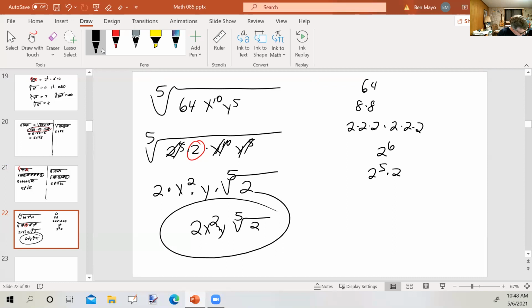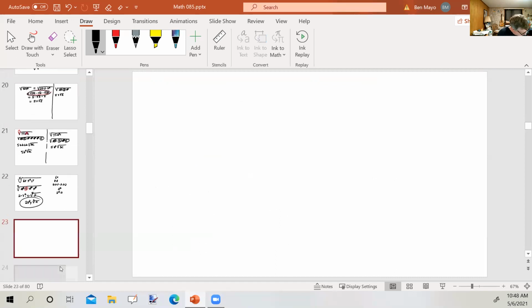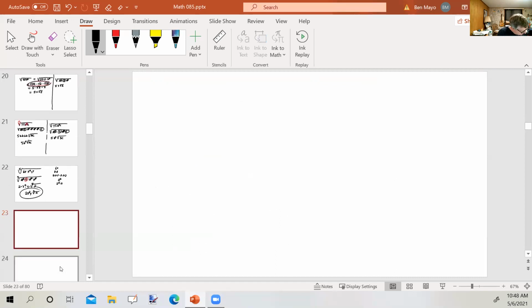Okay, now, let's do this problem. Same direction, simplify each radical expression. All variables represent positive real numbers. The square root of 147a to the 5th power. Okay, well, let's see, 147.